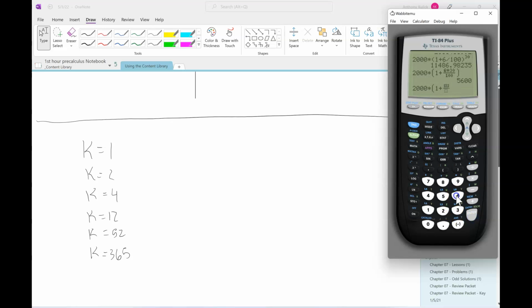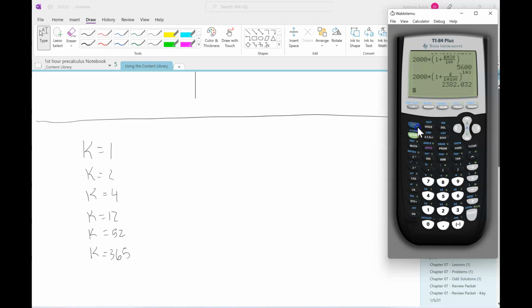So I have R over 1 times 100 to the 1 times 3. So there's the 2382 we saw initially.